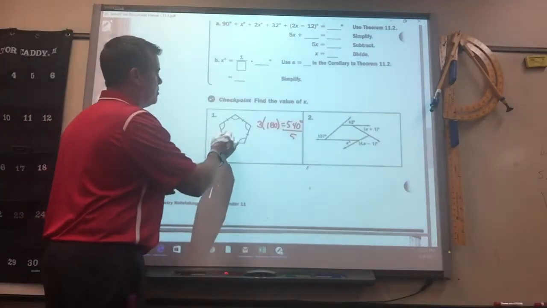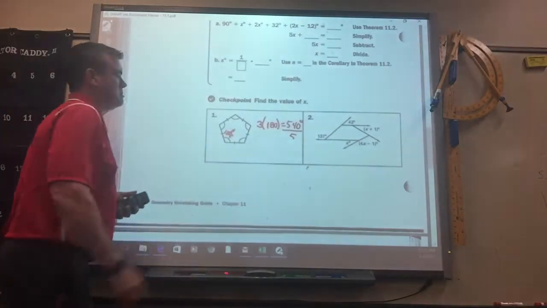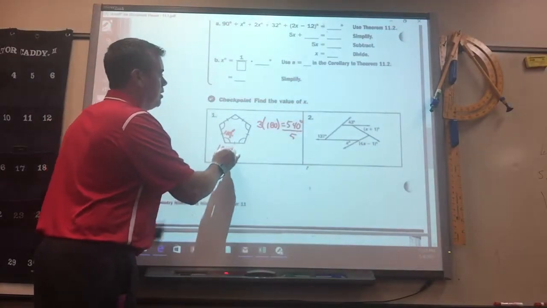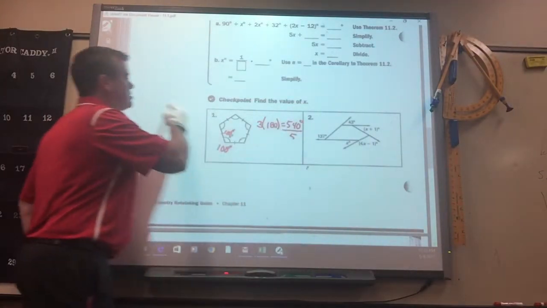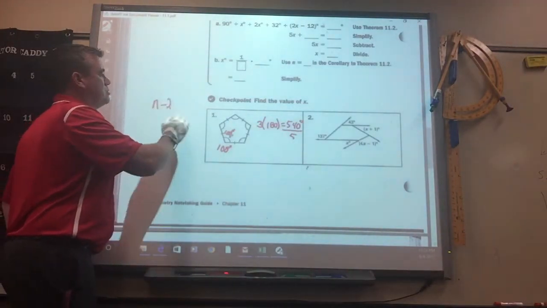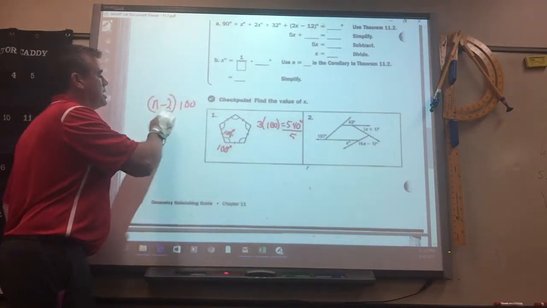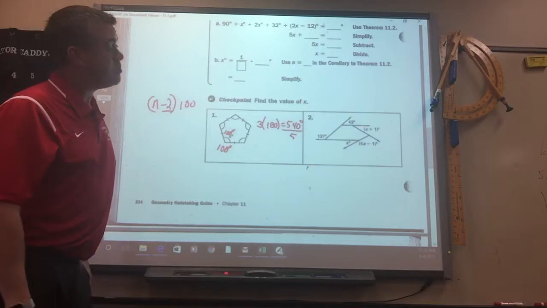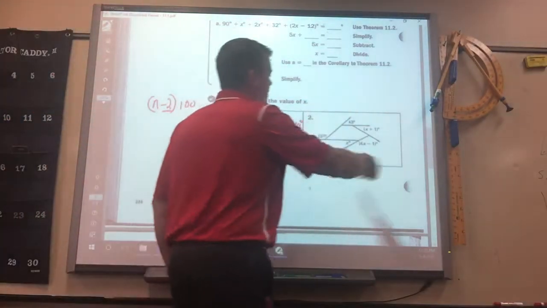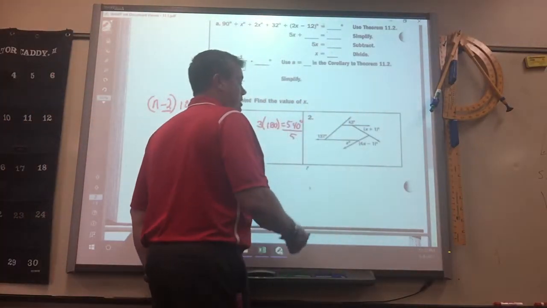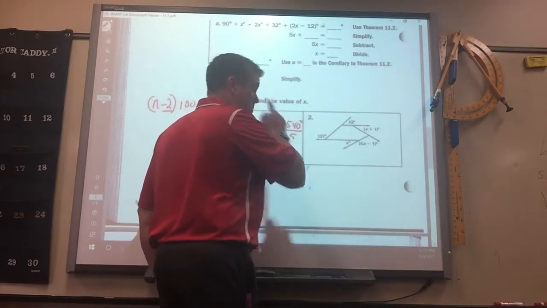Each angle would be 108 degrees. How did you get 3? To find the sum of the angles, it's the number of sides minus 2 times 180. There's 5 sides, so you always subtract 2 off the number of sides.